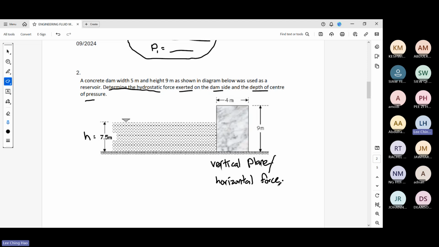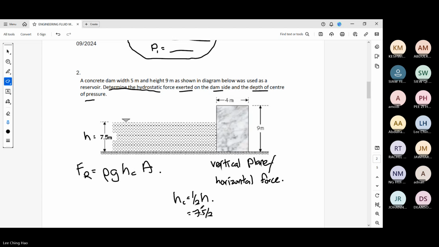So anyway, first of all, hydrostatic force is rho g h c A. hc for a vertical plane is half, which is 7.5 over 2.